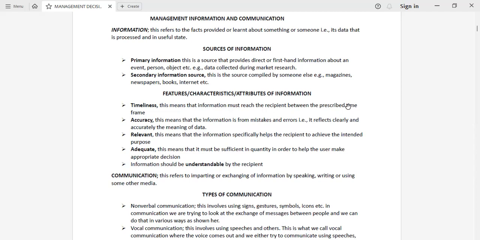So the information you get from a secondary source is information compiled by someone else. We can get it from newspapers, books, the internet, even magazines. But the primary information, we get from the field. If we go to the field, we get our own first-hand information.